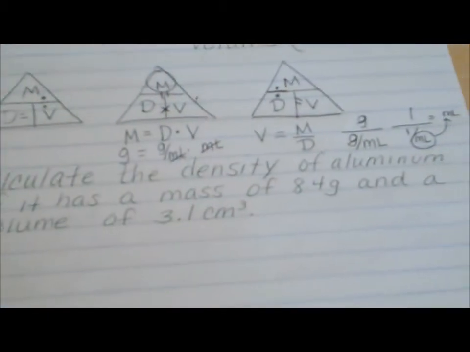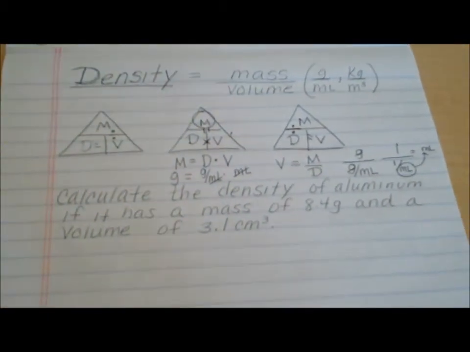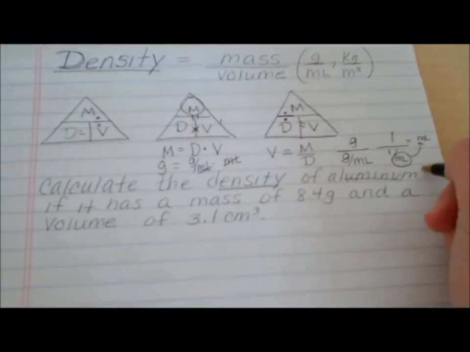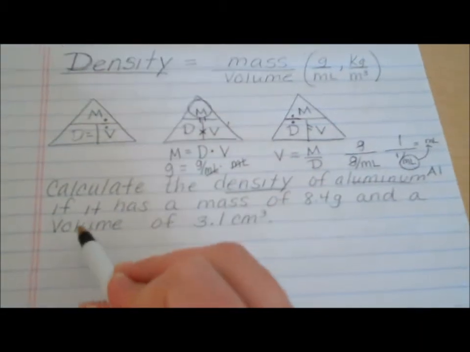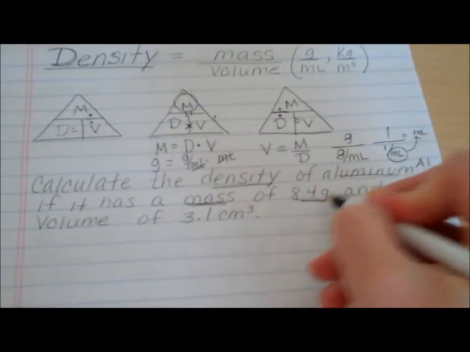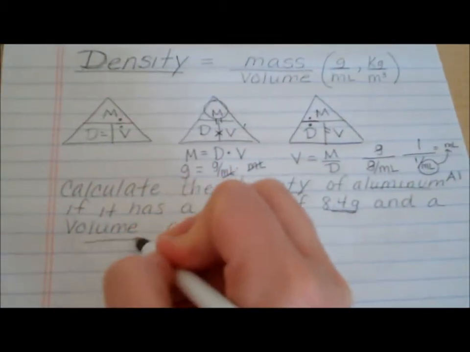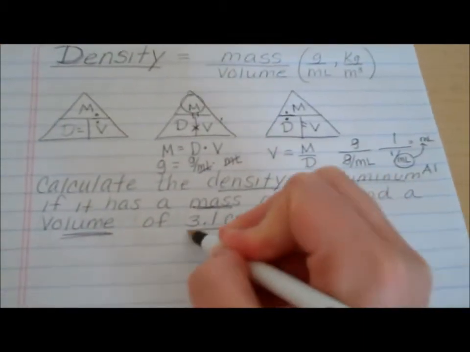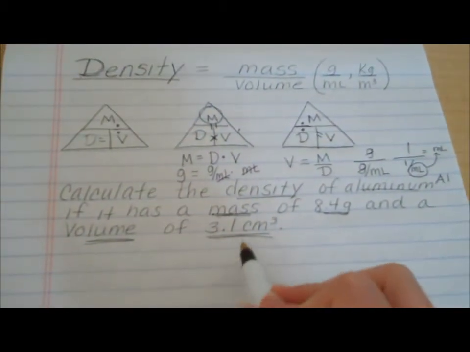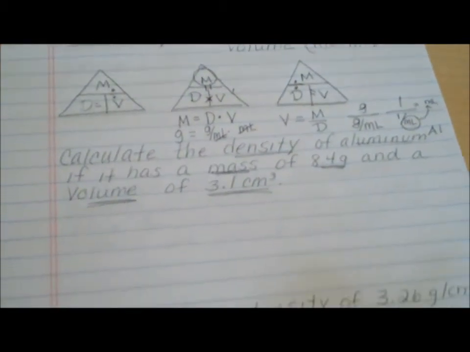Okay, let's try a density problem. Let's calculate the density of aluminum, chemical symbol Al, if it has a mass of 8.4 grams and a volume of 3.1 centimeters cubed. Now, I underlined in the problem all the important features we need to know for this.